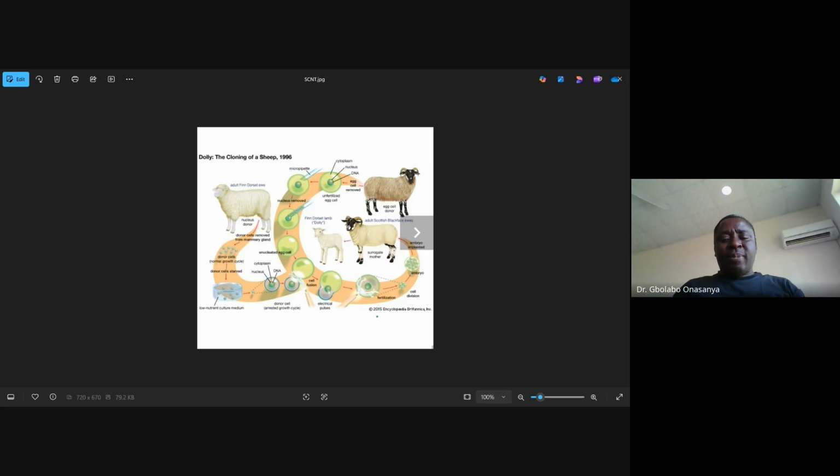So what came then is to clone a sheep that will produce human milk. This cloning has been conducted in guinea pigs and in pigs. The first step was done where guinea pigs were used to produce transgenic guinea pigs that produce human hearts, and it was successfully done.